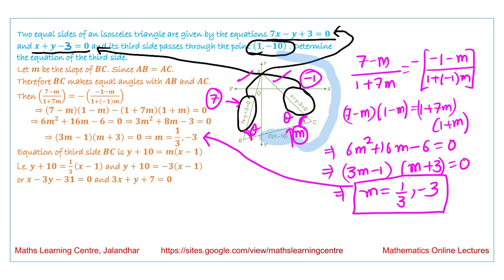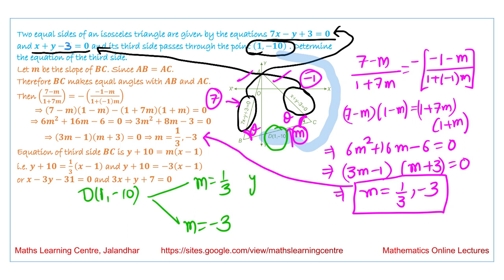Now it is being given that this line is passing through the point D (1, minus 10) and the value of slope is 1 by 3 or minus 3. So the equations of the lines corresponding to both these are y plus 10 is equal to 1 by 3 into (x minus 1), and y plus 10 is equal to minus 3 into (x minus 1).